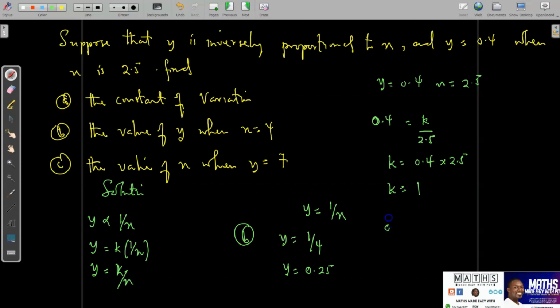Getting to C part of the question, the value of x when y is 7. So still having our equation as y equal to 1 out of x, making x the subject, you cross multiply, and it's going to be a switch, and that will give you x is equal to 1 out of y.